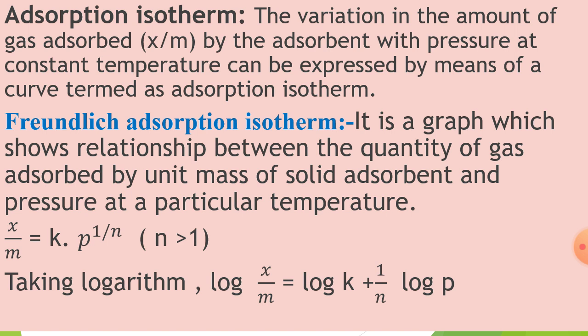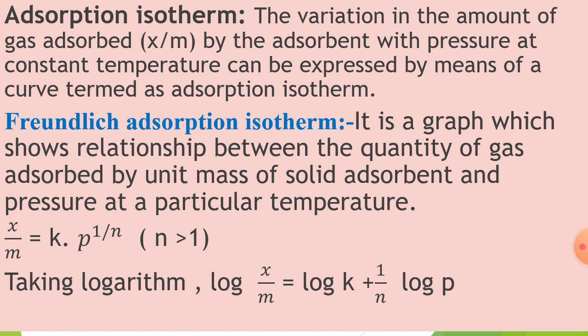The variation in the amount of gas adsorbed, that is x by m, by the adsorbent with pressure at constant temperature can be expressed by means of a curve termed as adsorption isotherm.